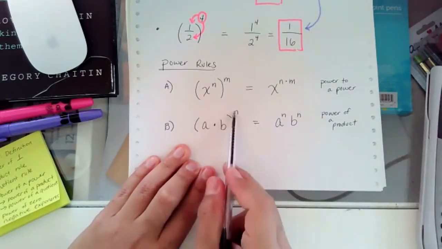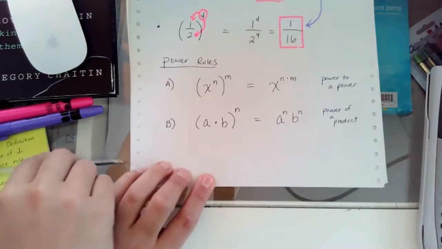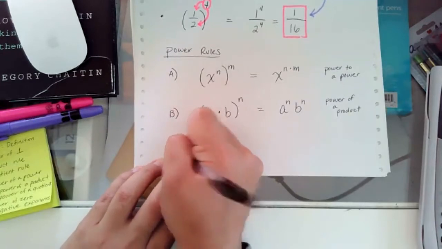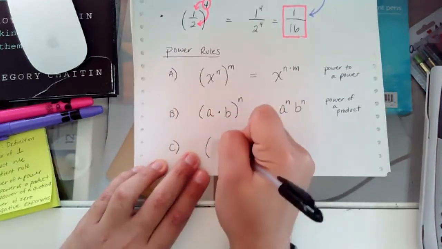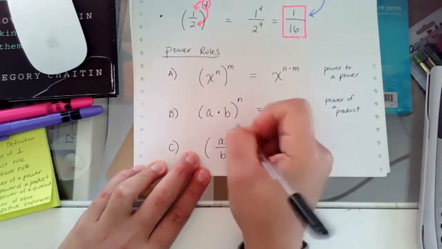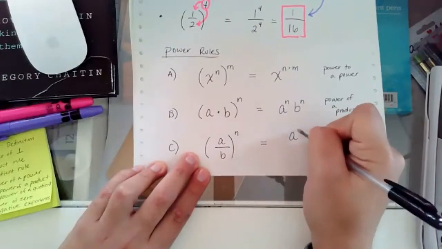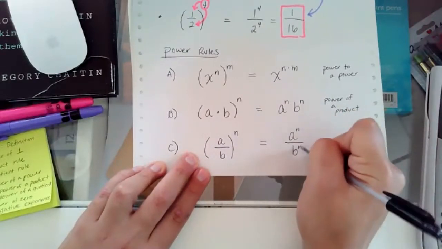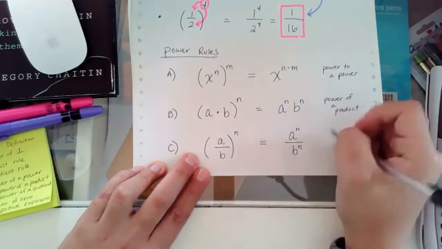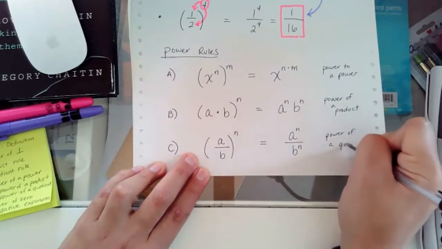So each of them gets the power. And then we see with fractions, fractions are like division problems, that if we have a over b, two different bases raised to a power, we can rewrite that as a to the nth and b to the nth. That power belongs to both the top and the bottom of the fraction. And we'll call that the power of a quotient.